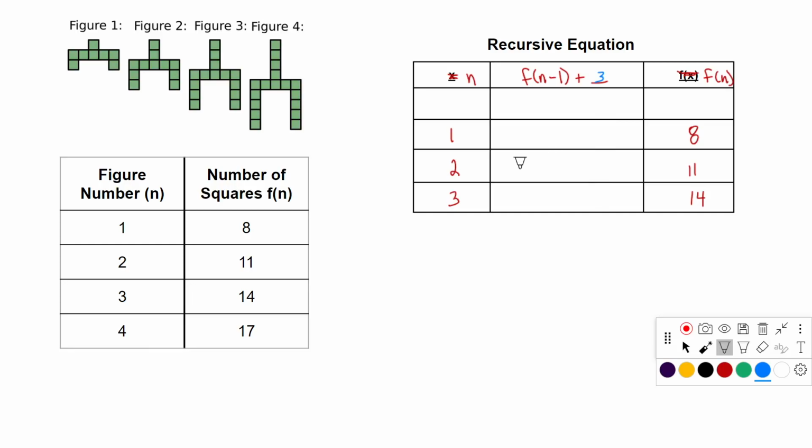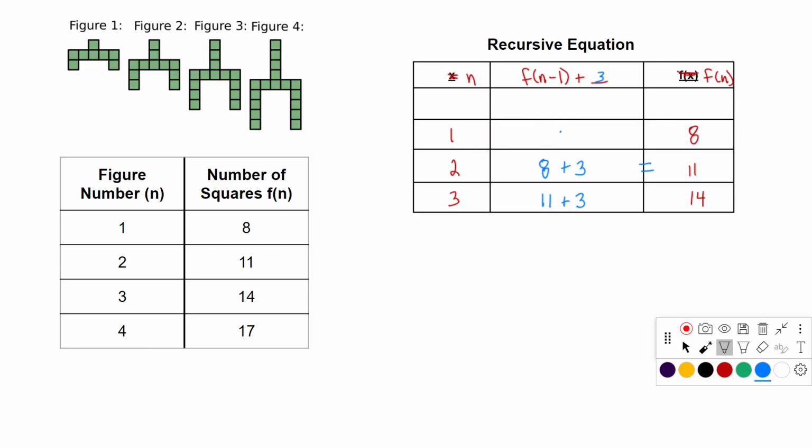So to get number 2, the previous value is 8, plus the 3 gives us the 11. For 3, where we have 14, we're taking the previous, which was the 11, and adding 3 to get 14. What we don't have is what did it take to get the 8 for term 1.